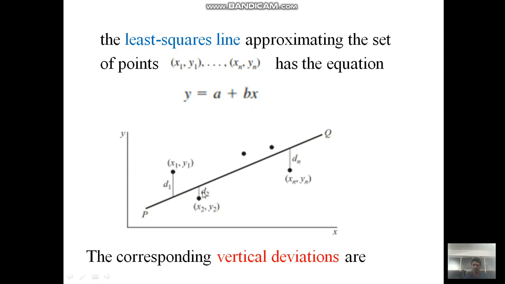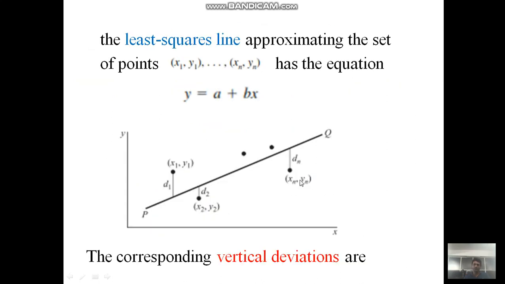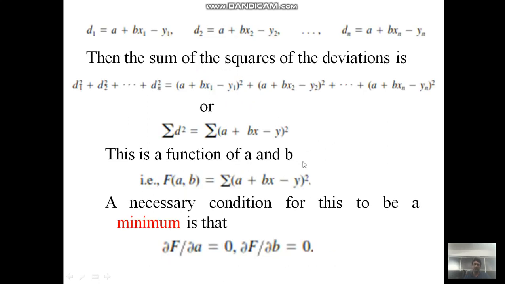Similarly, for the second deviation d2, in the same manner we get a plus bx2 minus y2, and so on. Now take the last point. If this point is on the line, then it must satisfy this equation, that is y is replaced by yn, so yn is equal to a plus bxn, which is dn.